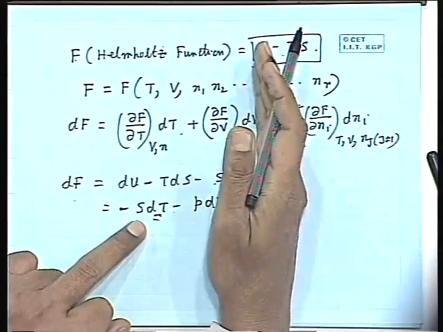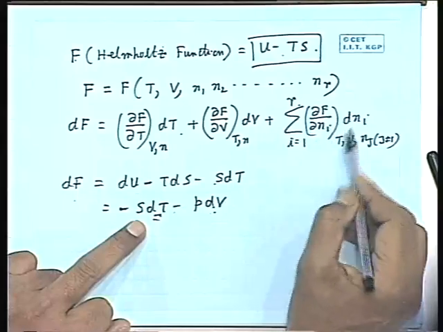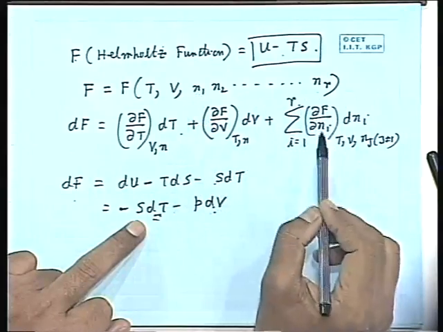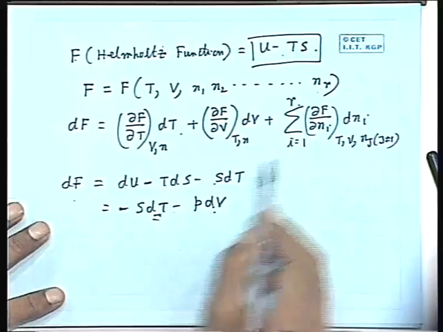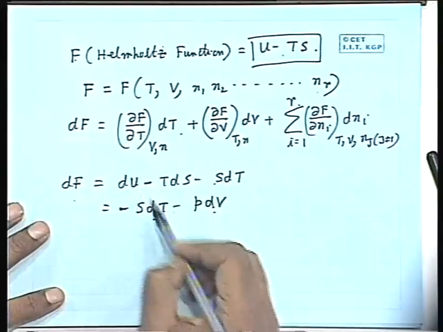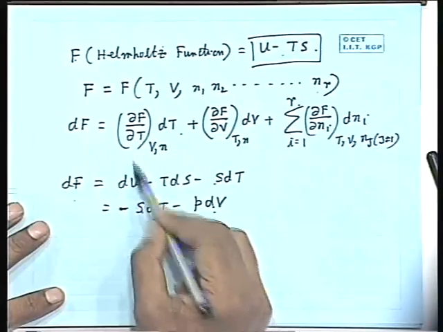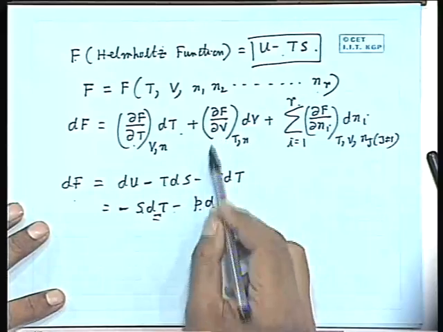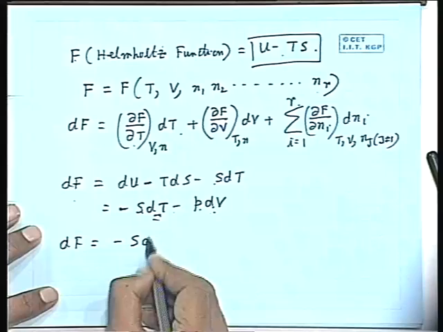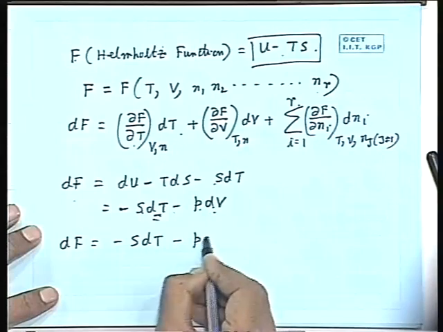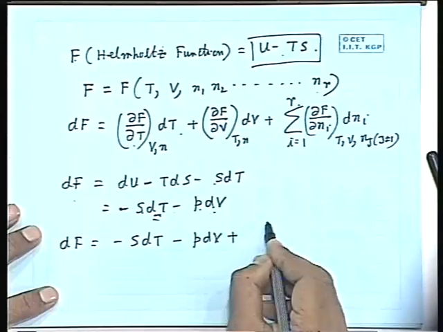We will stop here for a system where there is no variation in the moles of the constituting components. But here it is not so, so we will substitute S as this and P as this, minus P as this, as we did earlier, and we get the same type of thing, minus SdT minus PdV, plus the additional term.